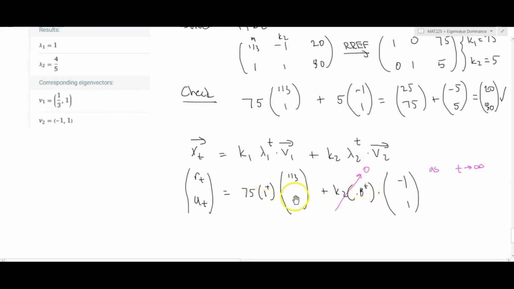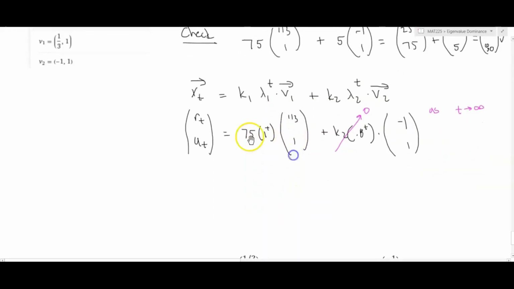So at that point, what we're left with is, well, 1 to the t is 1. You can exponentiate 1 to whatever power you want. 1 to the 100th is still 1 times 1 times 1 times 1, and so on. So this will just be 75 times a third, which is 25, and 75 times 1, which is 75. So we see that in the long run, we end up with the state 25, 75.